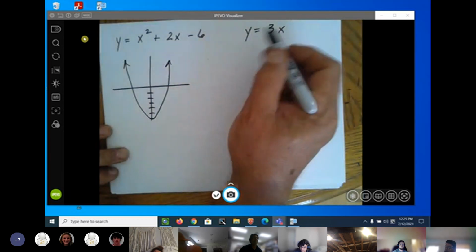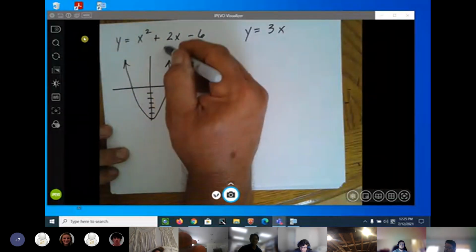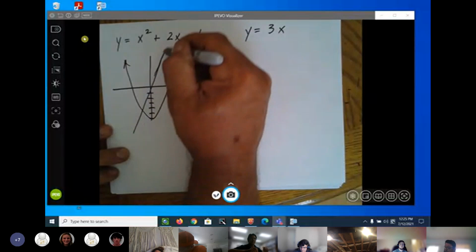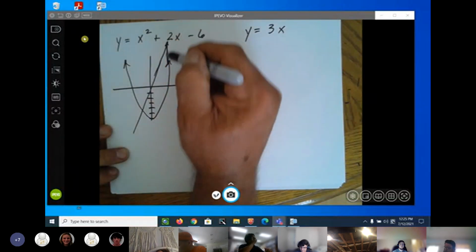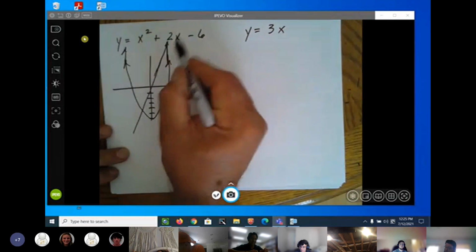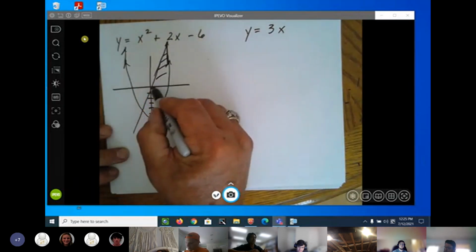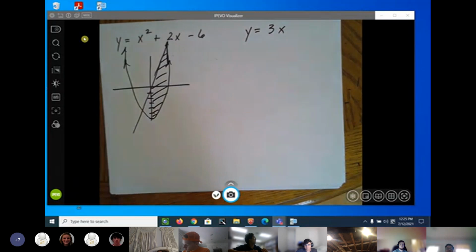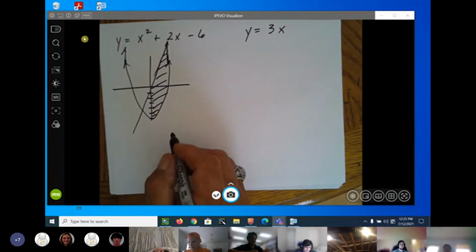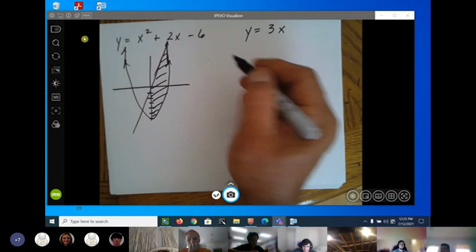Y is equal to 3x. It's crossing at the origin and it's going like that. So it looks like we're wanting that area right there.